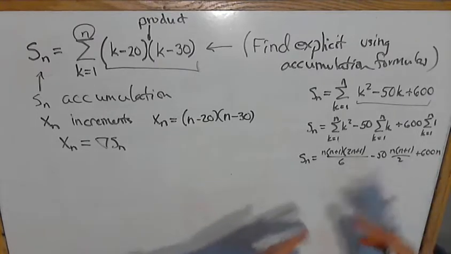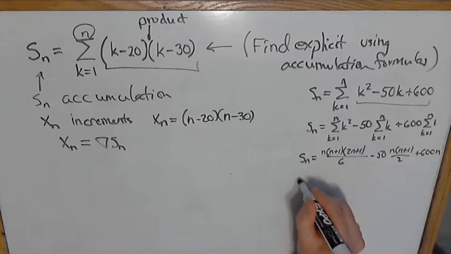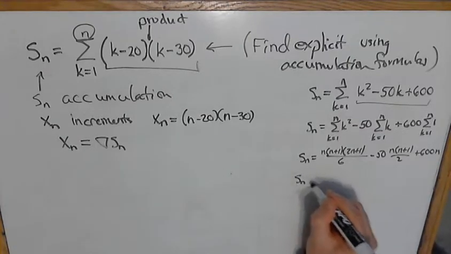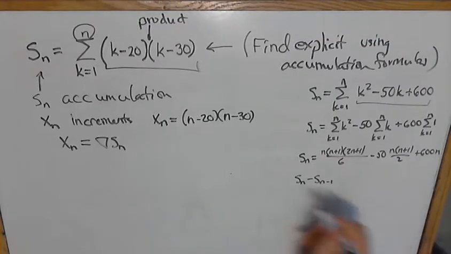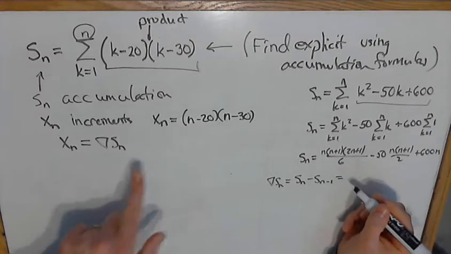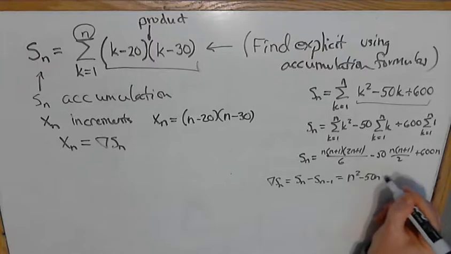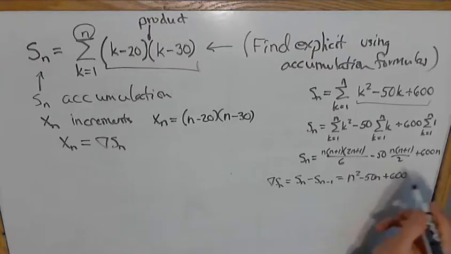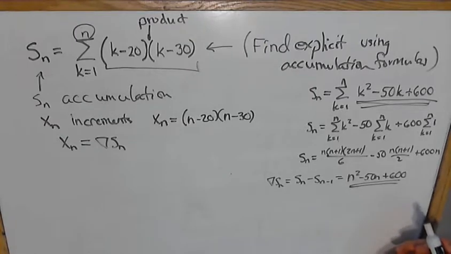I could multiply that whole thing out and I get a formula. If I were to take the backward difference and do Sn minus Sn minus 1 and simplify it, this is the backward difference, I would recover n squared minus 50n plus 600, because these are the increments.